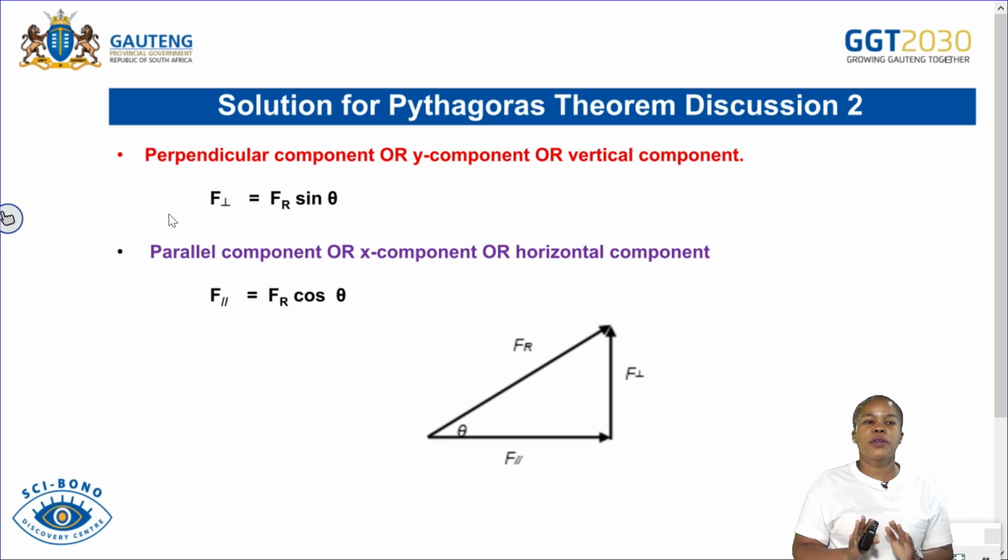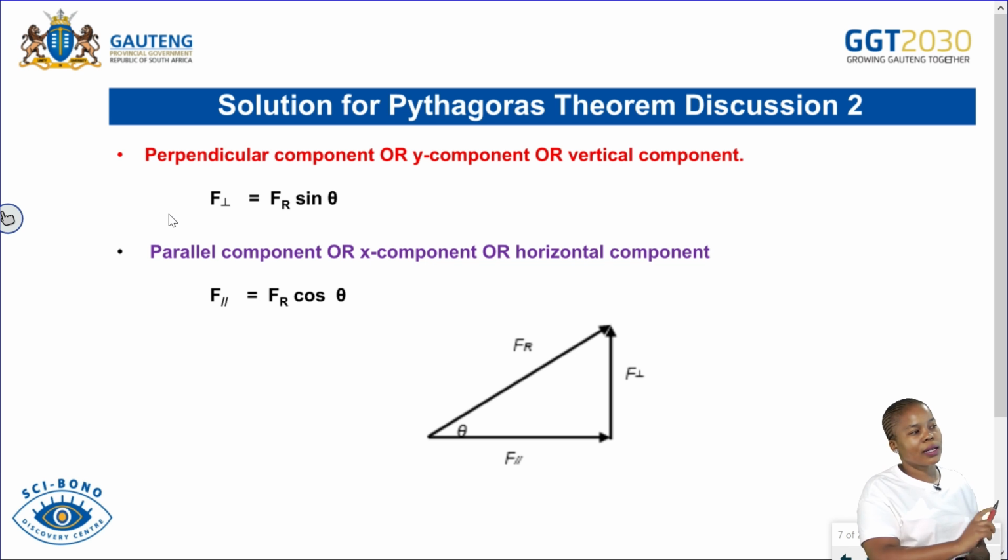Whereas when you want to find the parallel component, or the x component, or the horizontal component, this all means the same thing. It is the parallel component, therefore Fr, which is your original force, times cos of theta. And there's a diagrammatic representation to make it simpler for you so that you understand which one is which.